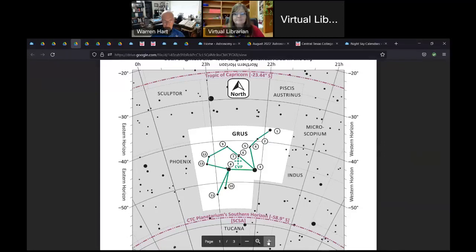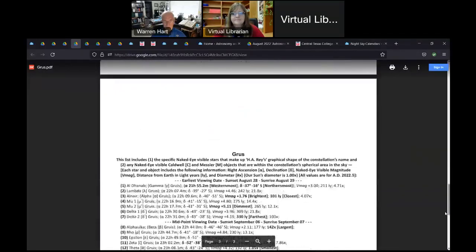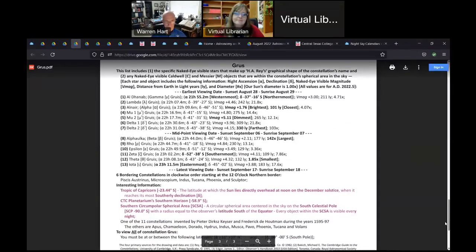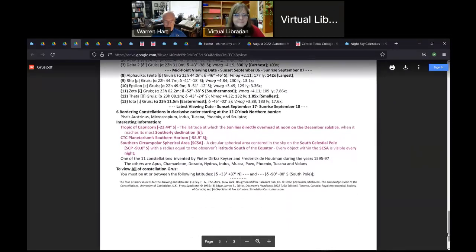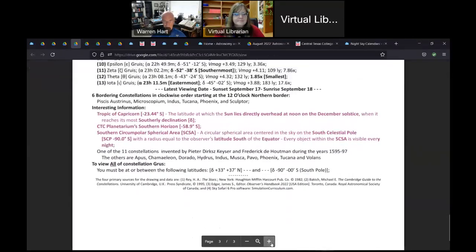So there we have it, and we can scroll down to Grus on the additional page and keep going. And I have information for you: the Tropic of Capricorn, what that is, the planetarium southern horizon, what that is, and also the SCSA, what that means, and other information, and the latitude where you have to be to see all of it.